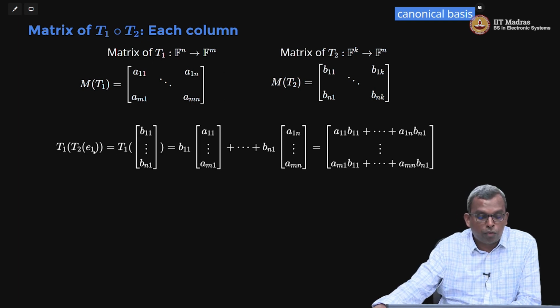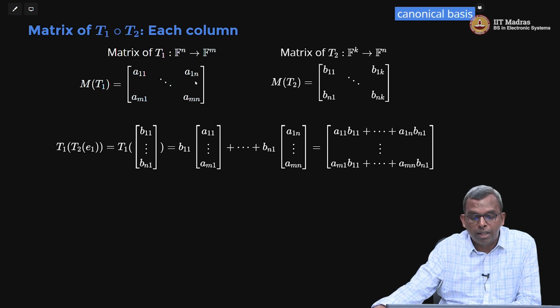Okay. T1 of T2 of E1 is T1 of this first column, right. So, T2 of E1 is just this first column, and then T1 of the first column is what I need to evaluate, and that is nothing but this matrix multiplying this vector on the right. So, that will be just B11 times this first column here plus B12 times the second column here, and so on till Bn1 times the last column here.